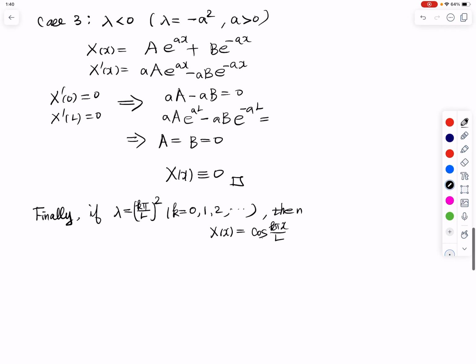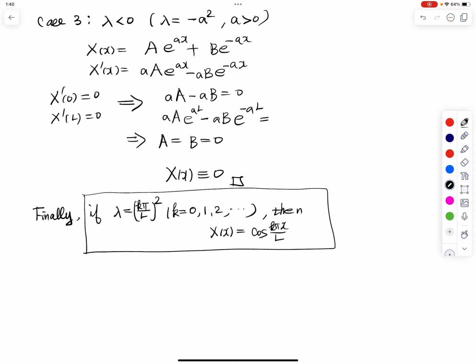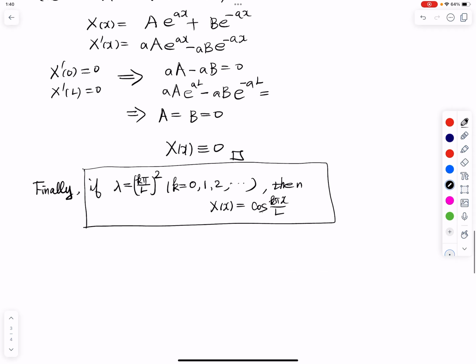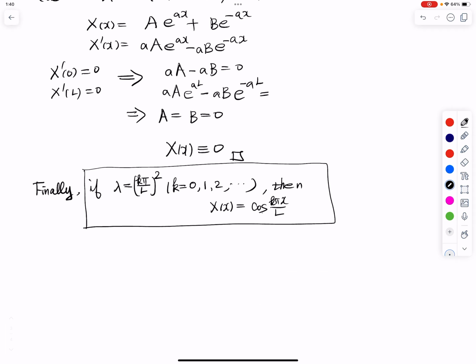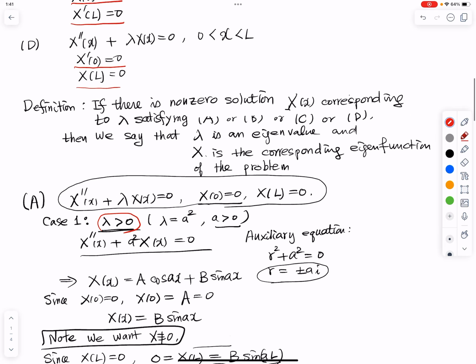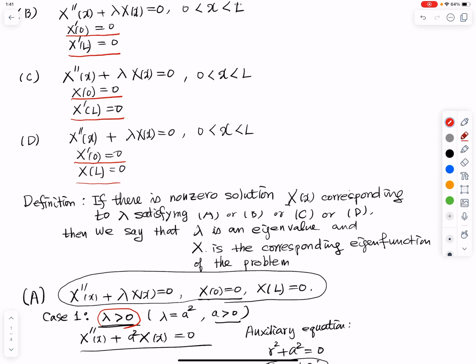So actually this is the eigenvalue and eigenfunction of the second problem. This is important, and it will be used later when we have a problem. And then you can follow the same procedure for C and D, okay?